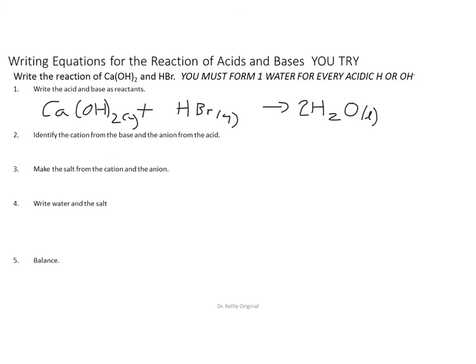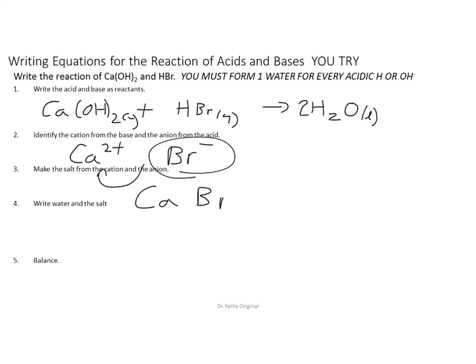I need to form my salt, so I'm going to identify my cation, calcium, 2+. My anion is going to be bromide. I'm going to need 2 bromines to counterbalance the charge on my calcium, so my salt would wind up being calcium bromide.